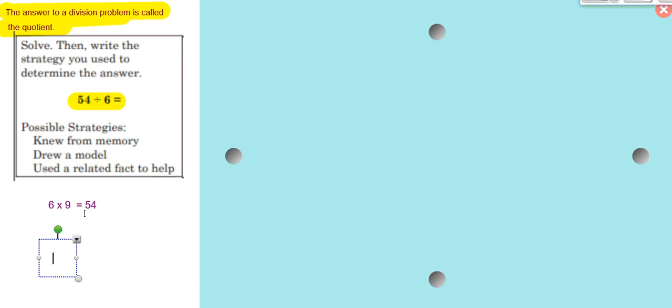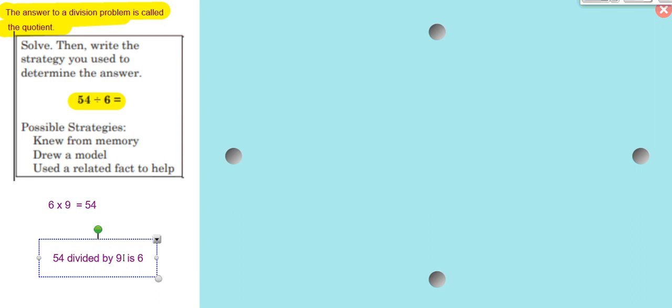So 54, the equal sign means what? Divided by, right? Divided by what? 9 equals or is, right? 6. Okay?